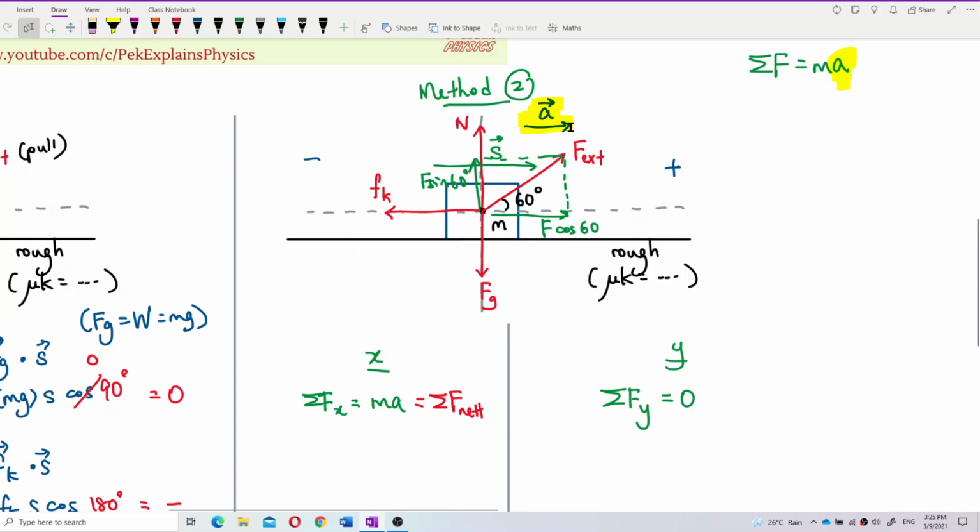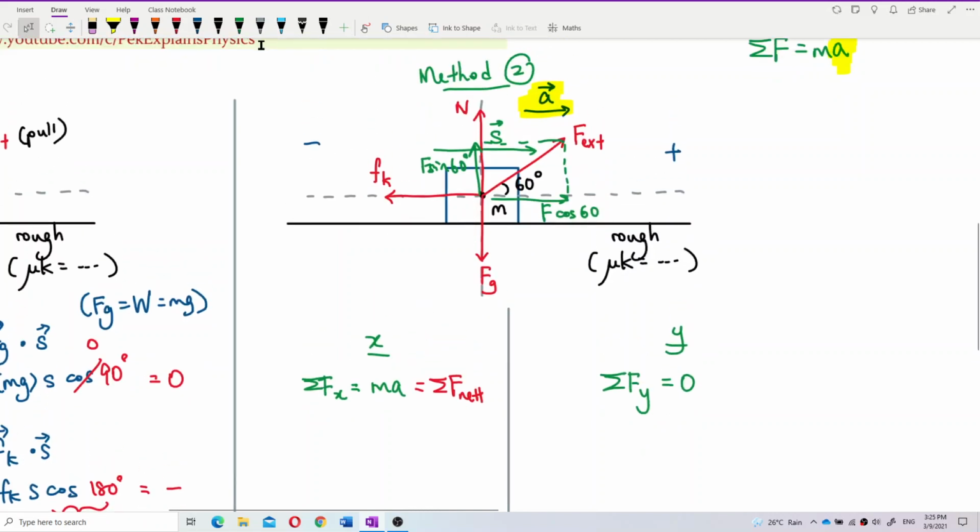A force in the same direction as the acceleration is positive, and a force opposite the acceleration is negative. So for the x component here, F cos 60 is positive because it is in the same direction as the acceleration, and the friction is negative because it is opposite the acceleration.